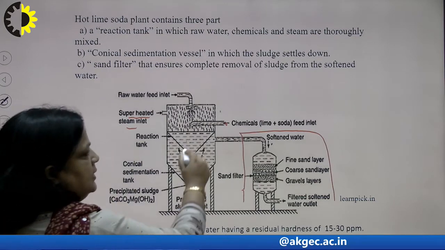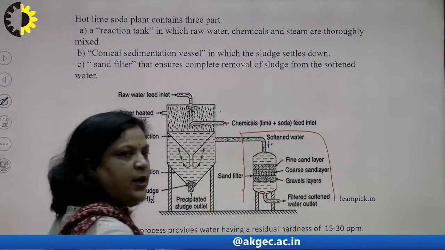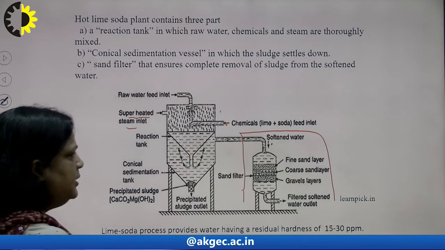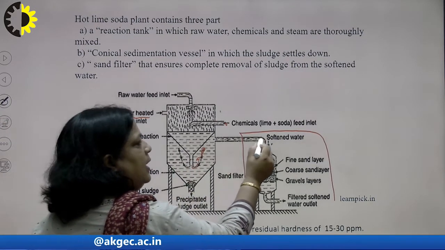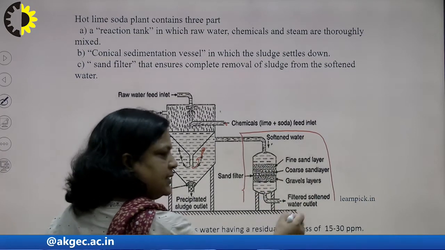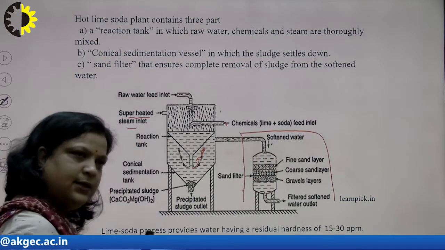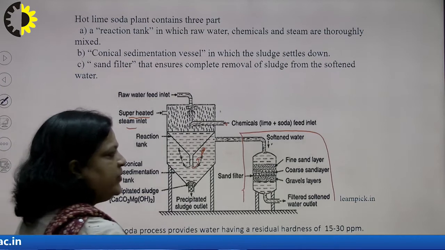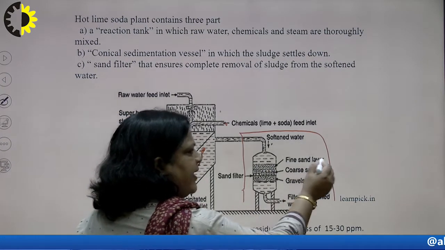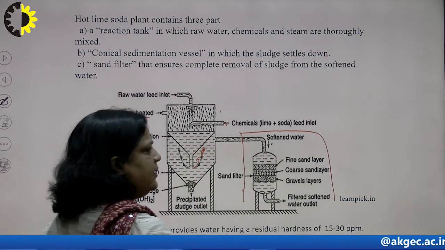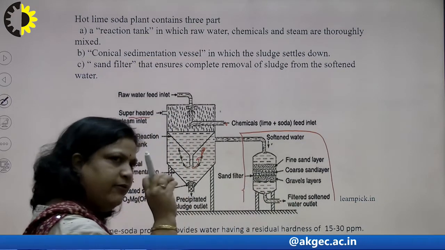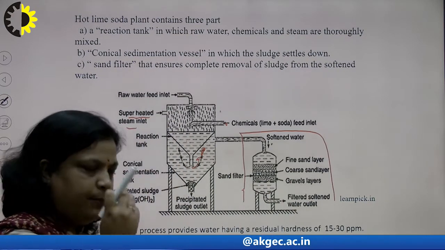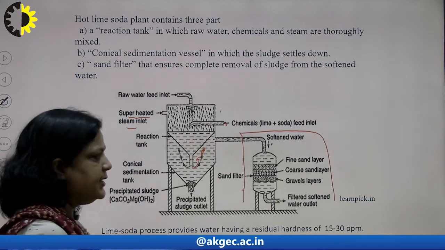And third is this filtration part, the sand filter. After reaction the water goes in that direction, and then it is passed through this assembly or additional facility where a layer of fine sand is there, then a coarse sand layer, and then gravel, basically stones of comparatively large size.